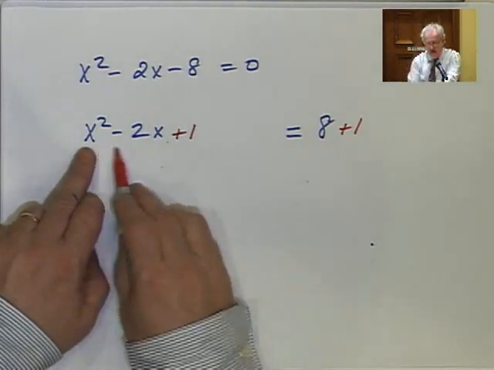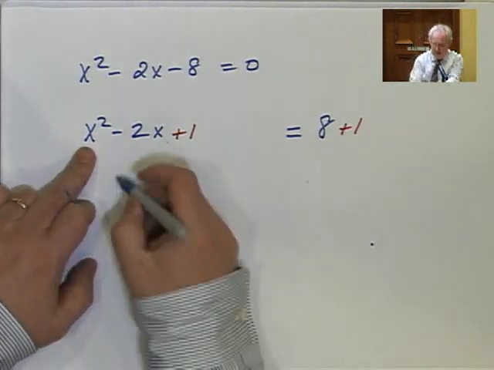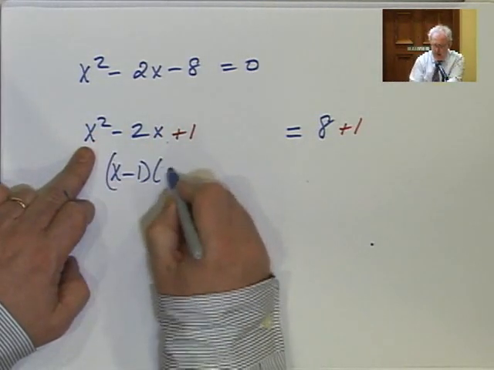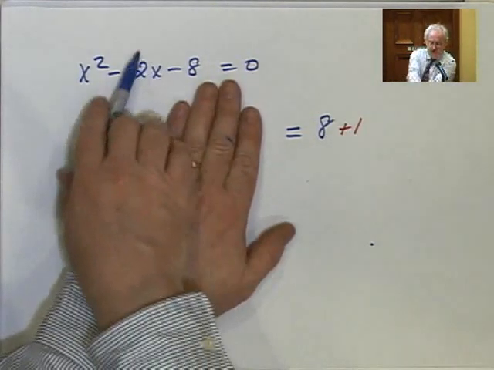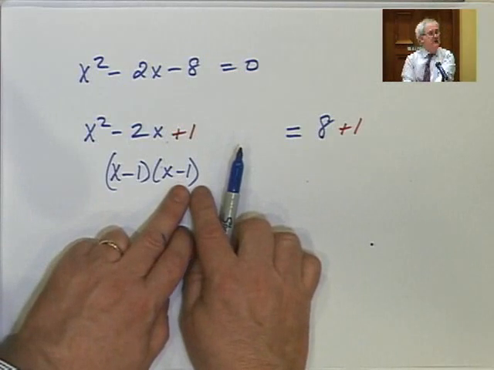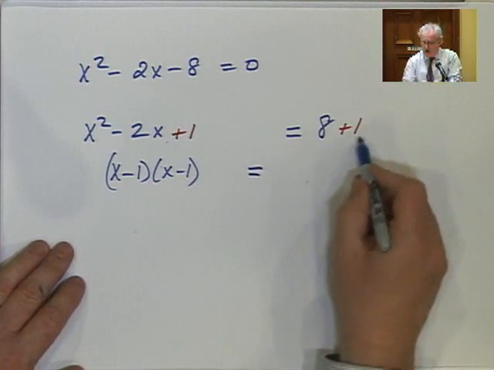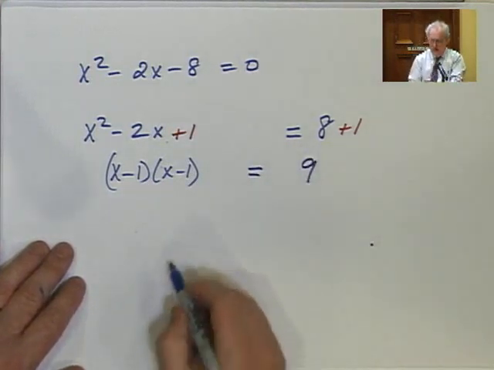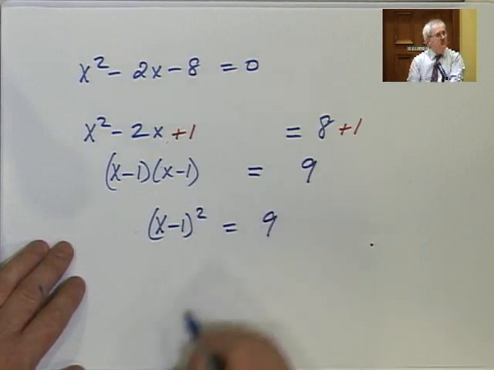What this is actually is a perfect square. This is x minus 1 by x minus 1. It's a perfect square. If you take half of this number in the middle, you get a perfect square. Is that okay? And that's equal to 9. Effectively, x minus 1 squared is equal to 9.